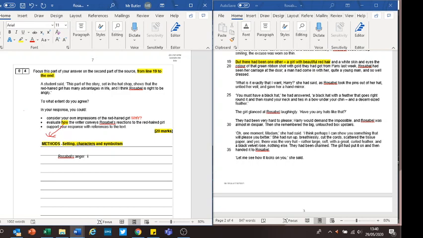Rosabel's anger is understandable as, no actually, I forget that. Let's start with an overview. So at the start, you're just going to start a sentence that sums up exactly how much you agree. So you rewrite the question.